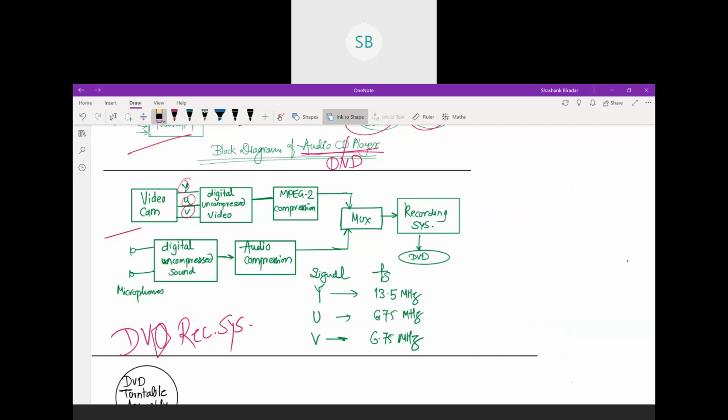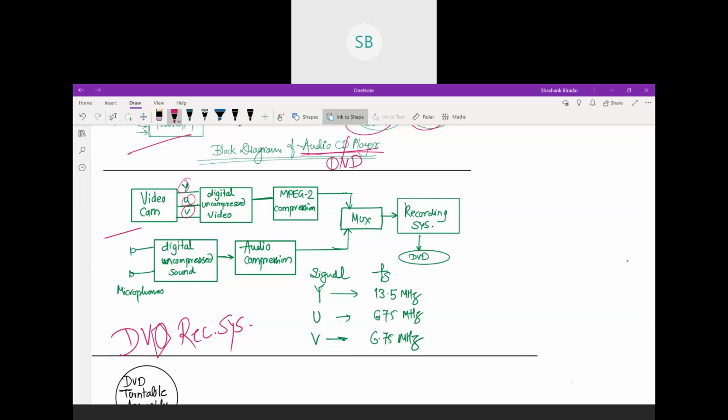Now coming to this one, from the video camera we are having luminance and color difference signals YUV, and these are digitally uncompressed video. Then for the compression of video we are using MPEG2 compression. Just now we discussed the differentiation between the CD, DVD, HD DVD and Blu-ray DVD.